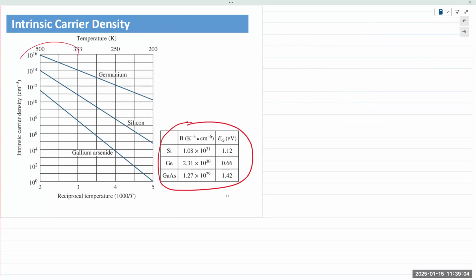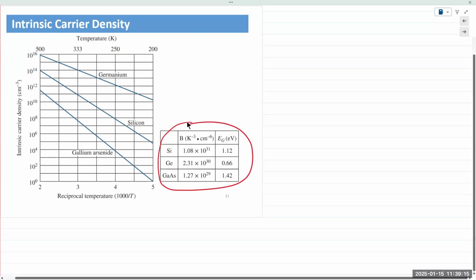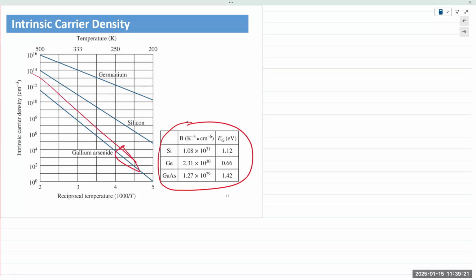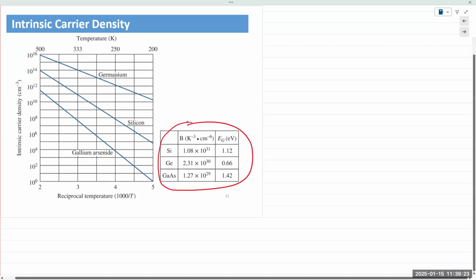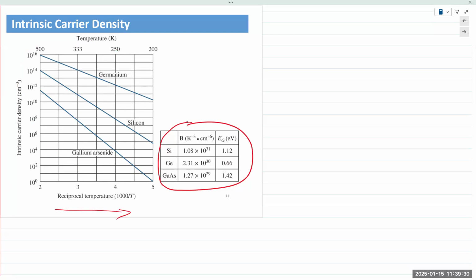You already have a chart of the intrinsic carrier densities at different temperatures. As the temperature decreases, the carrier density decreases. This is decreasing temperature, reciprocal of the temperature, at 0 it should go to 0.